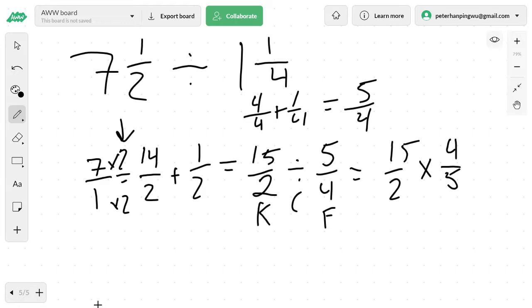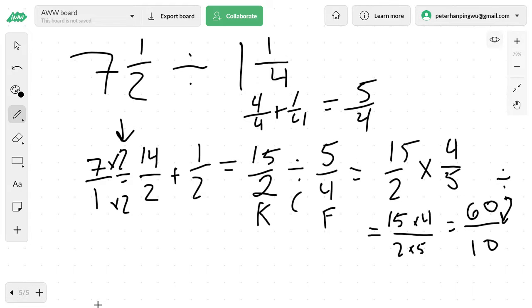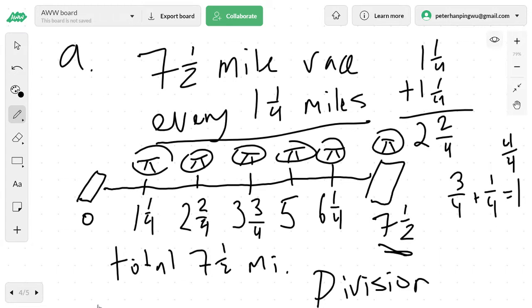So now we have 15 times 4 over 2 times 5, which is equal to 60 over 10. Now, 60 over 10, remember, fractions are the same thing as telling you to divide. So if you see a fraction bar, you can always turn that into division. So what's 60 divided by 10? Well, that's 6 tables. If we go back to our diagram, we saw that there were 6 tables there.